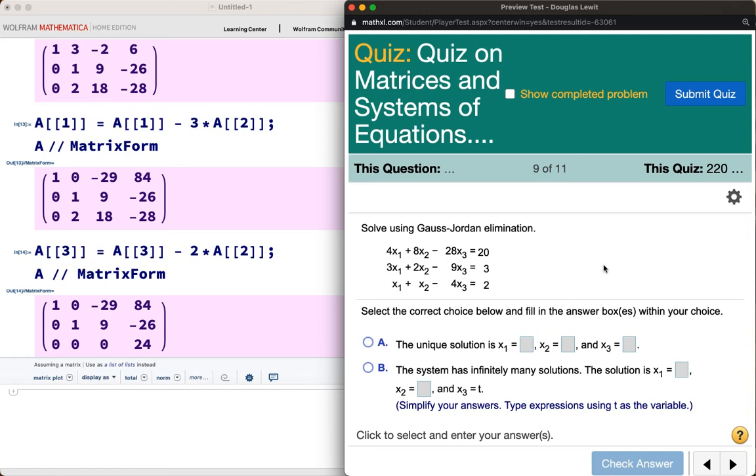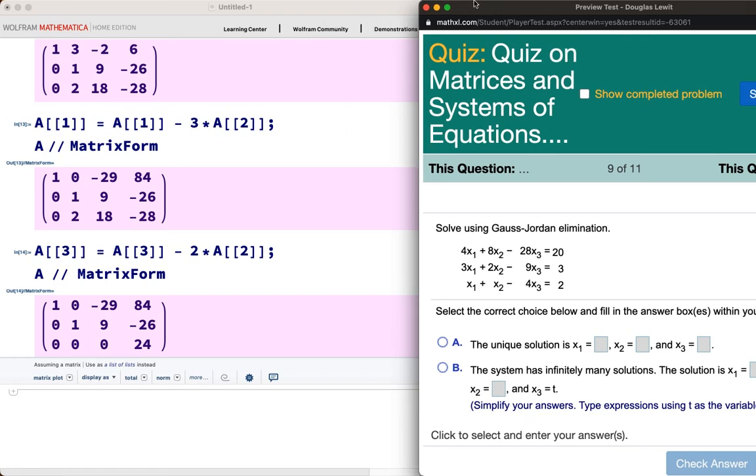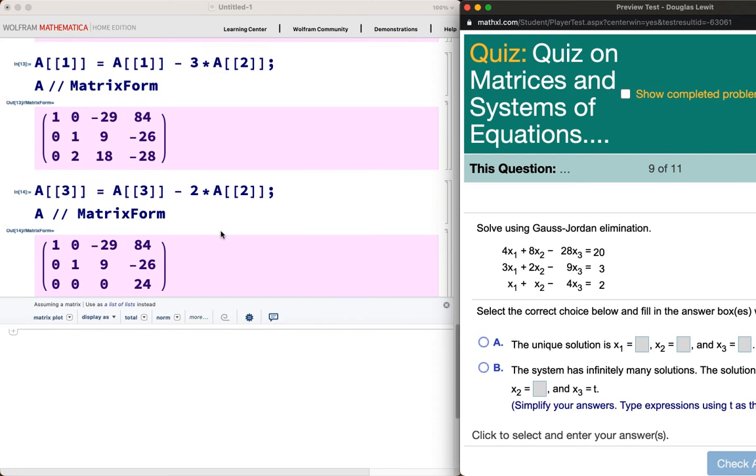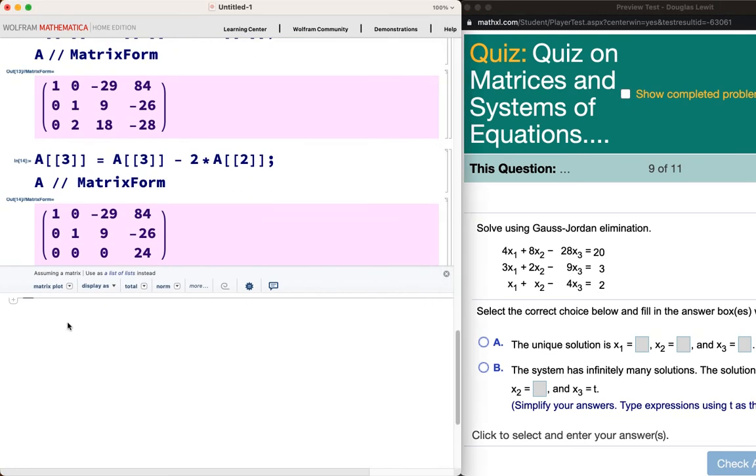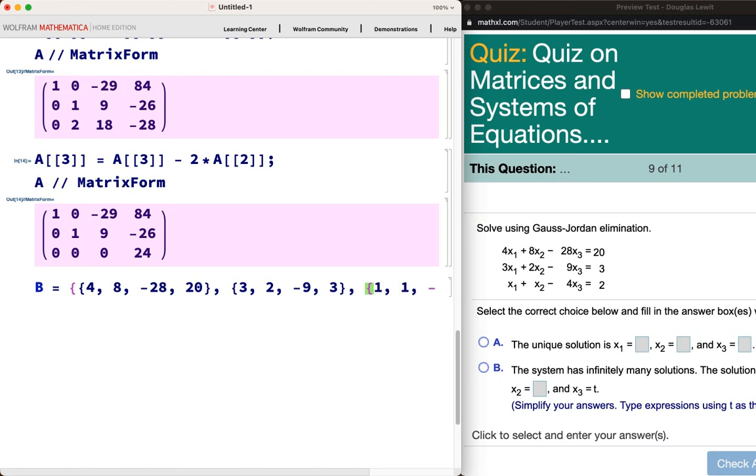Solve using Gauss-Jordan elimination. Okay, same thing. So this time I'm going to call it matrix B. So B is equal to 4, 8, negative 28, 20, and then 3, 2, negative 9, 3, 1, 1, negative 4, 2.